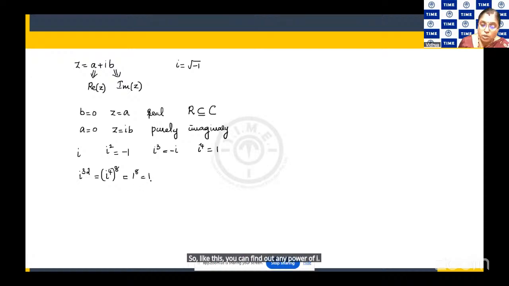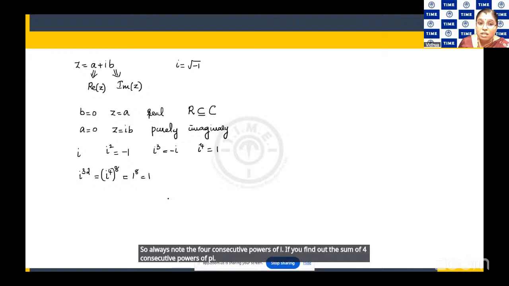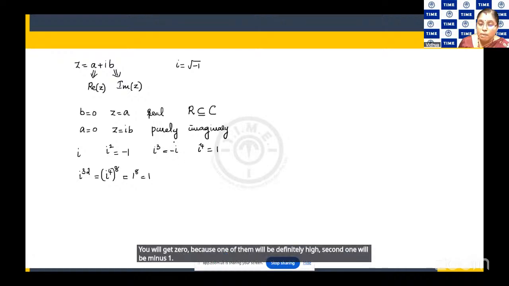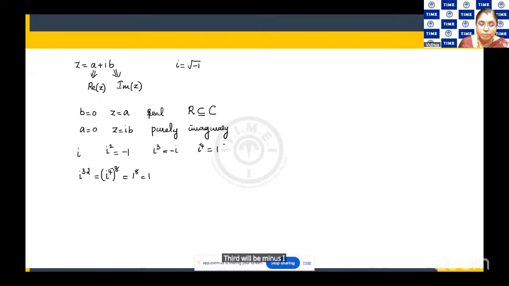So always note the four consecutive powers of i. If you find out the sum of four consecutive powers of i, you will get 0 because one of them will be definitely i, second one will be minus 1, third will be minus i and last one will be 1. So always note the sum of the four consecutive powers of i is equal to 0.